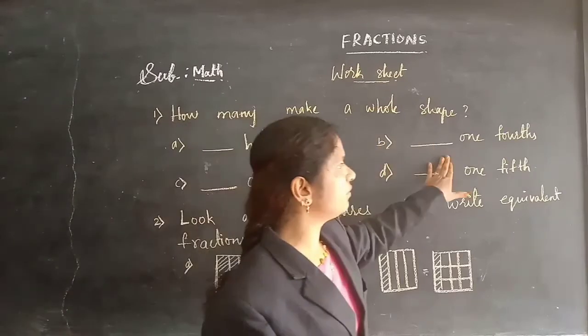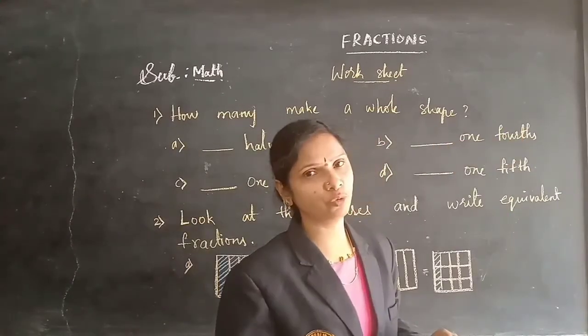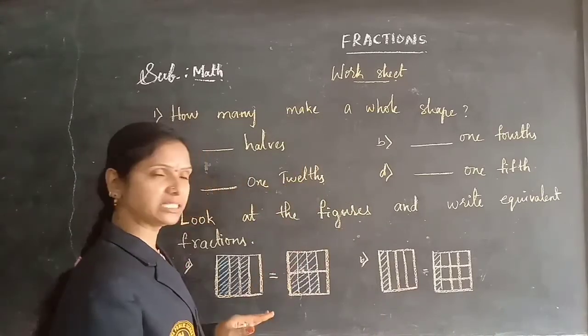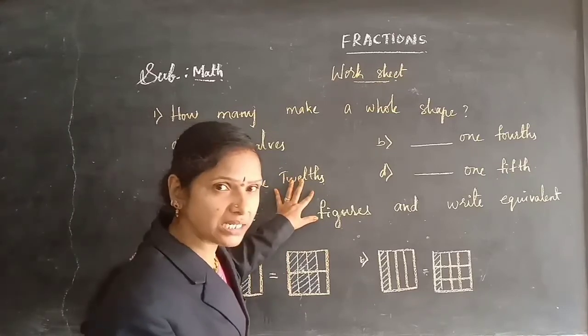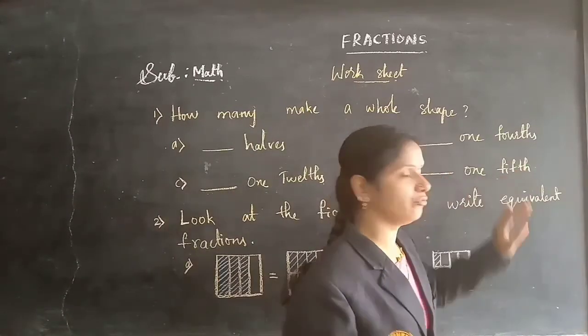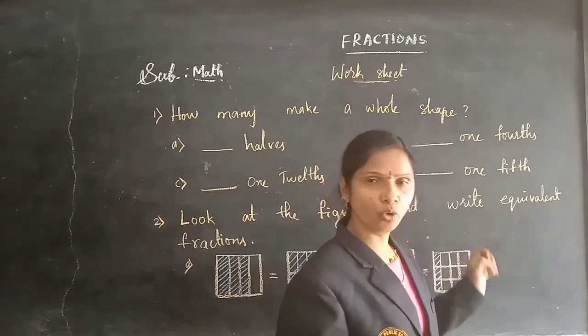And in B, dash 1/4 means how many 1/4 make a whole. And dash 1/12 means how many 12 parts make one whole. Now dash 1/5, how many 1/5 parts make a whole?